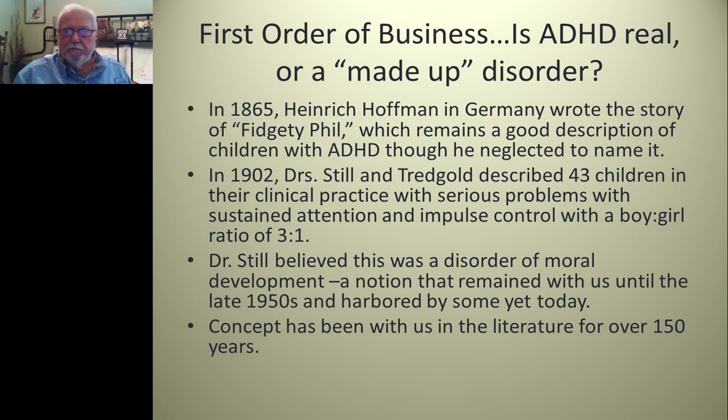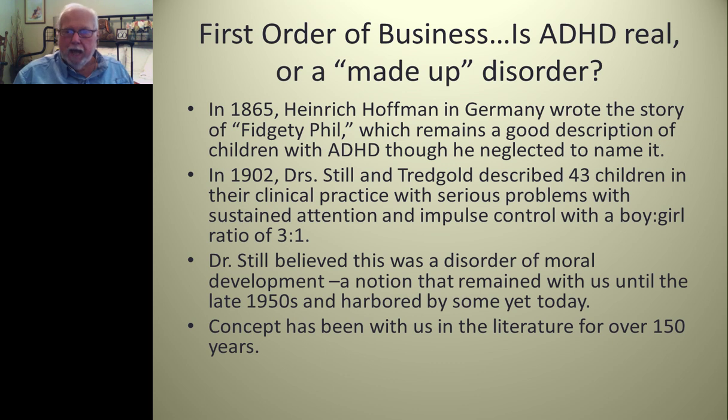In 1865, a German physician, Heinrich Hoffmann, wrote the story of a young man that he called Fidgety Phil. This remains a very good description of children with ADHD, though he didn't name it. It's actually a story he wrote in poetic form about the son of a family with whom he had dinner.